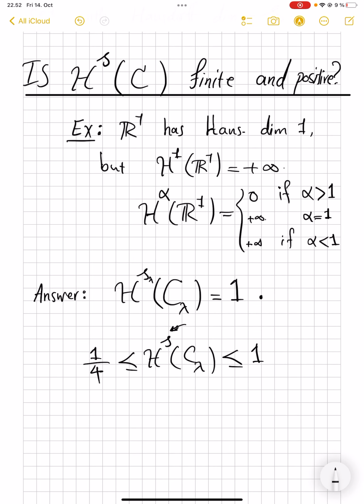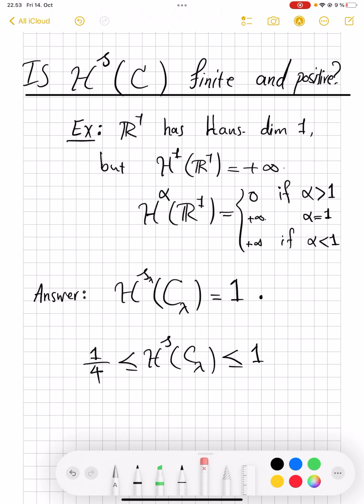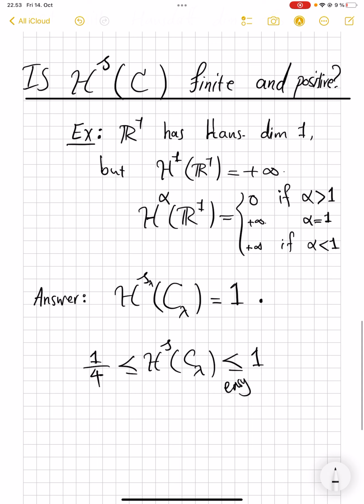Actually, once you prove this, you have captured two things. Number one, that the Hausdorff dimension is actually this S. Number two, that the Hausdorff measure is finite and positive. This side is an easy one because of the very construction itself.